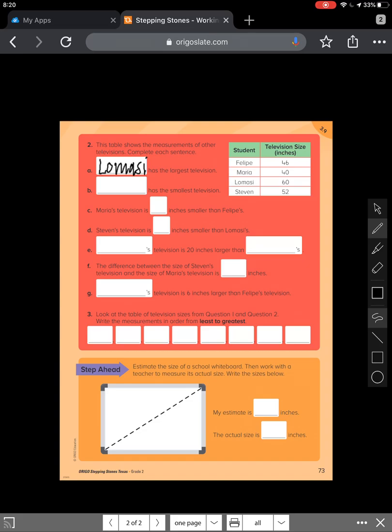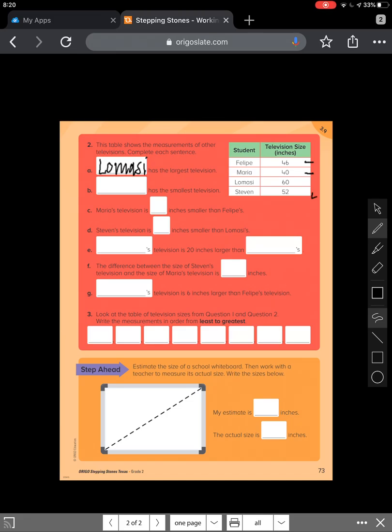So I'm going to do C. Maria's television is blank inches smaller than Felipe's. So I'm looking at Maria and I'm looking at Felipe. So it's asking how much smaller. So I'm going to be subtracting. And when I subtract, I'm always going to start with the larger number.